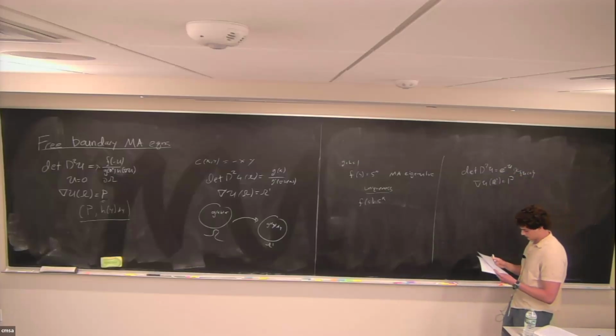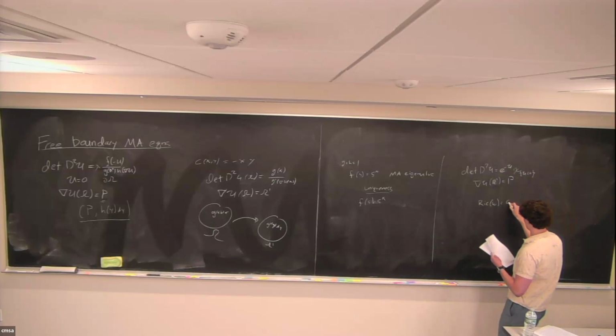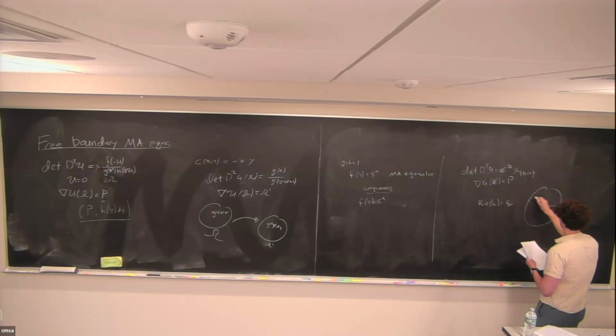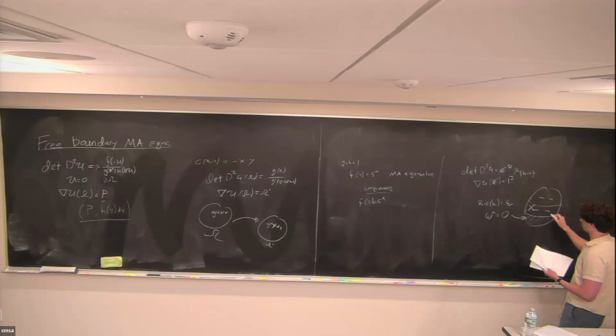So what instead this produces is something of the form Ric of omega is equal to omega on some region x inside your variety, but then your omega^n is going to be 0 outside. So here you're going to have some singular part here.